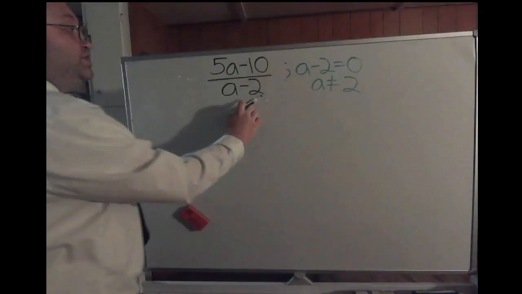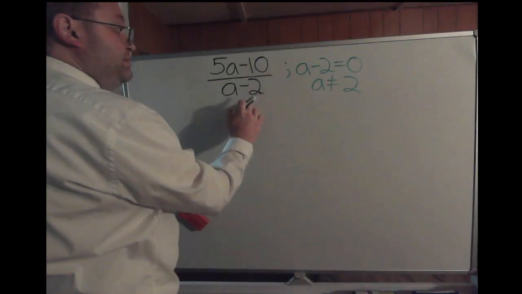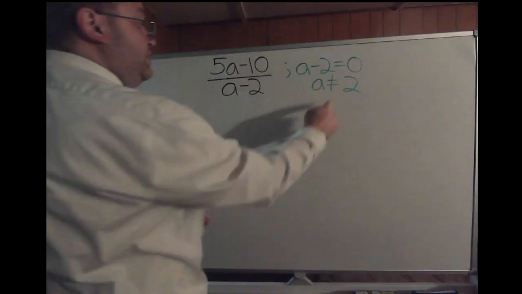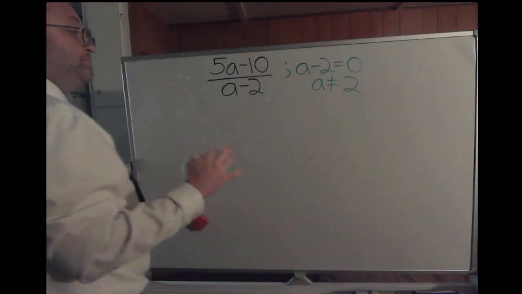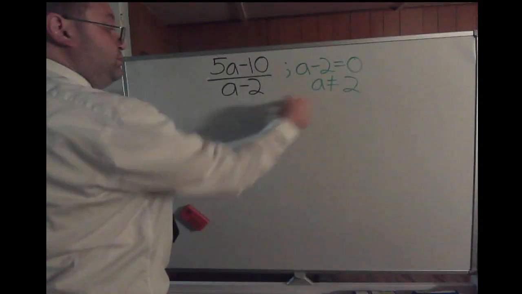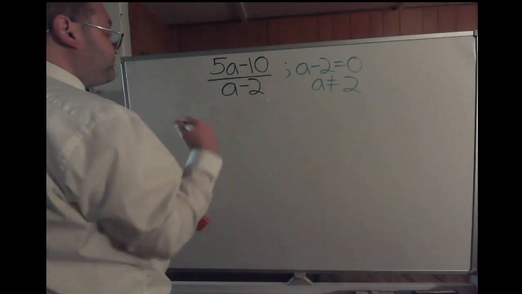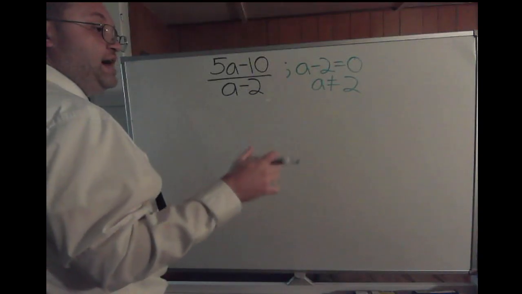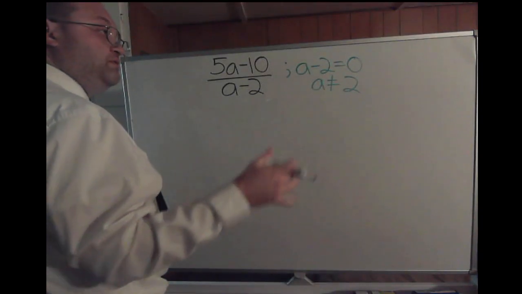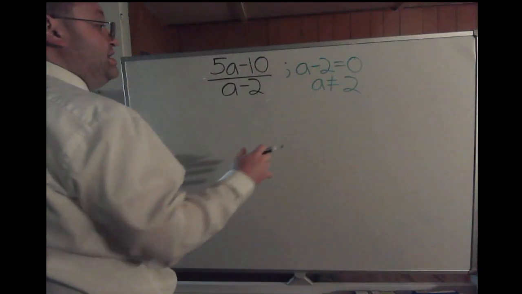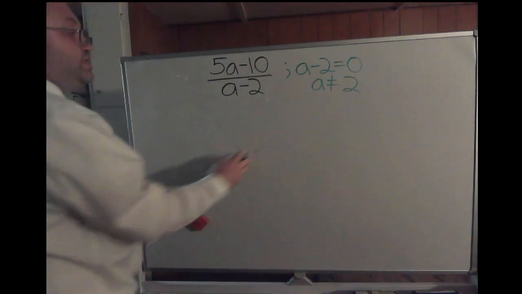If a equals 2, you have a denominator of 0, which makes the expression undefined. That's going to be a restriction on this. But that'll come into play when we go to add, subtract, multiply and divide, and solve these fractional equations in future lessons. But get used to having restrictions on this.